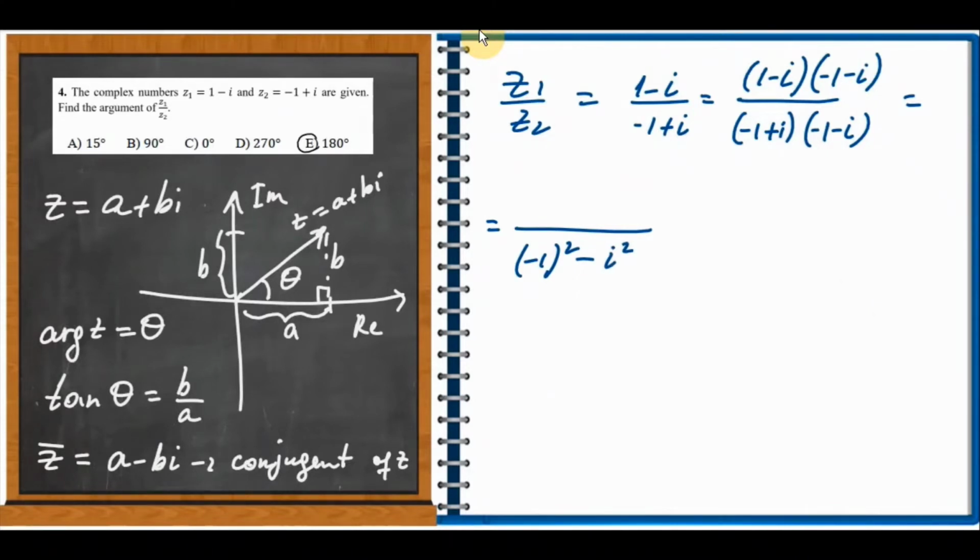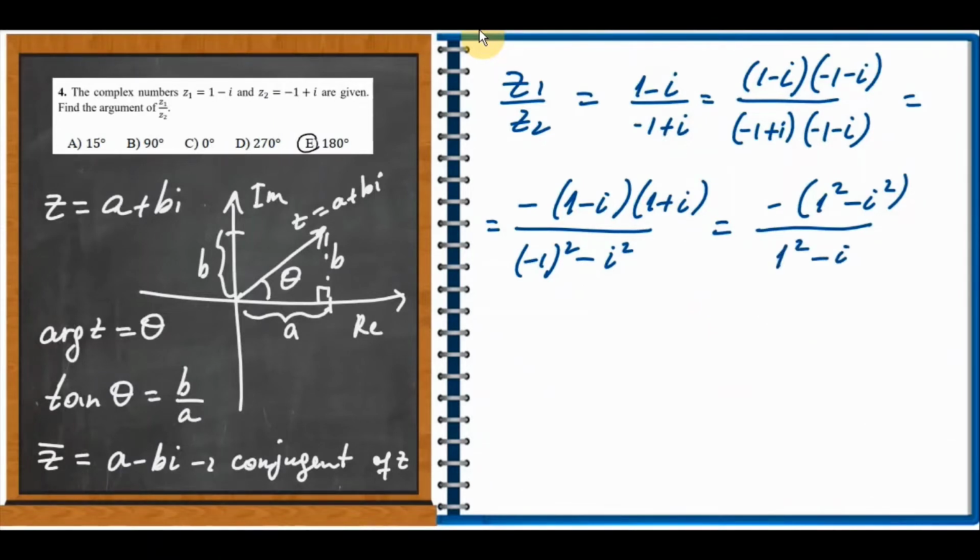On the other side, we can take a negative out of the bracket and write 1 minus i and 1 plus i. Again, we see the same formula here. We will write negative 1 squared minus i squared, and in the denominator we have 1 squared minus i squared. Now we see that those expressions are the same. We can cancel them out and it's going to be negative 1.